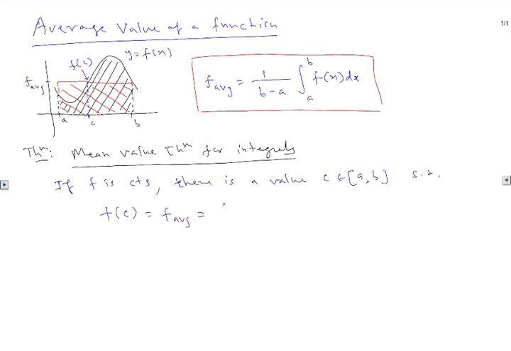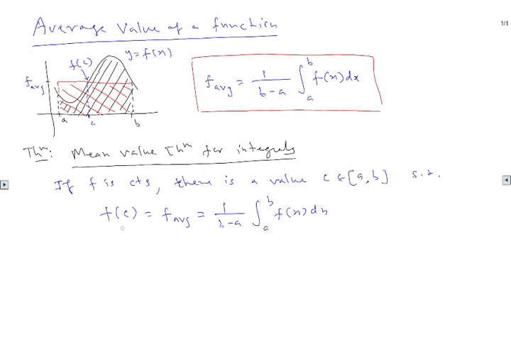That means it is simply 1 over (b minus a) times the integral from a to b of f(x) dx. That's the one we just saw. So there is a c in the interval that gives the exact same value as the average value. That's what we call the mean value theorem for integrals.